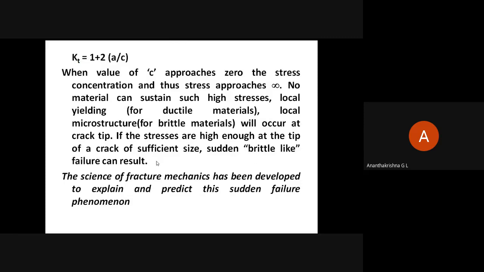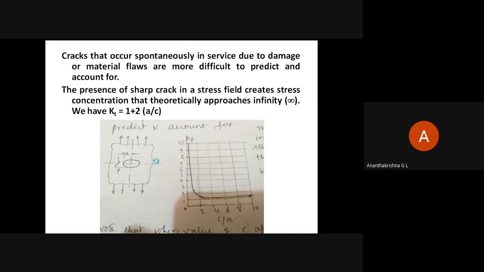That means when you have a crack present in a sheet, when the value of KT becomes infinity, this will become infinity when C approaches zero. C approaching zero, you will have KT to be infinity, and when KT is infinity, stresses also will be infinite.